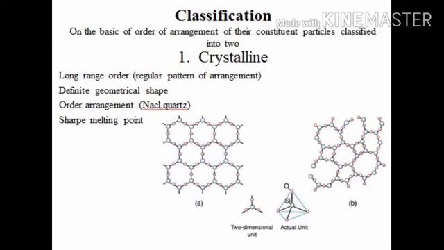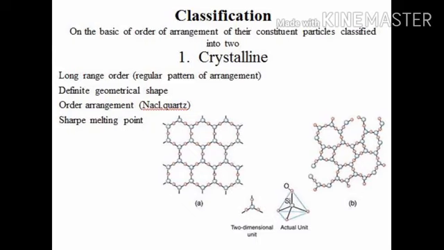The regular arrangement of the constituents extends throughout the three-dimensional network of the crystal. It is a repeated pattern throughout the network, with the same shape and the same order. There is no change in the crystalline network shape. Crystalline substances are said to have a long range order.